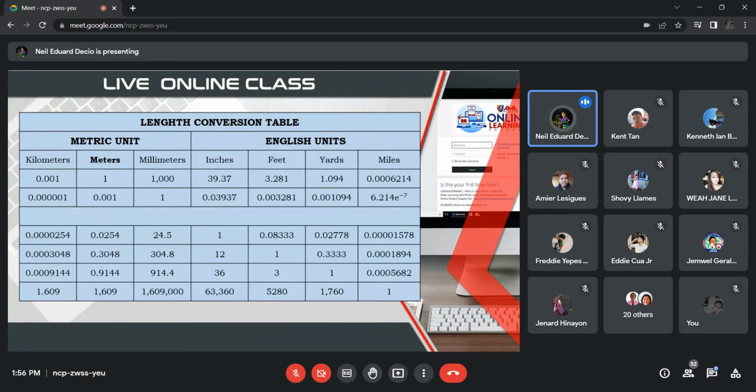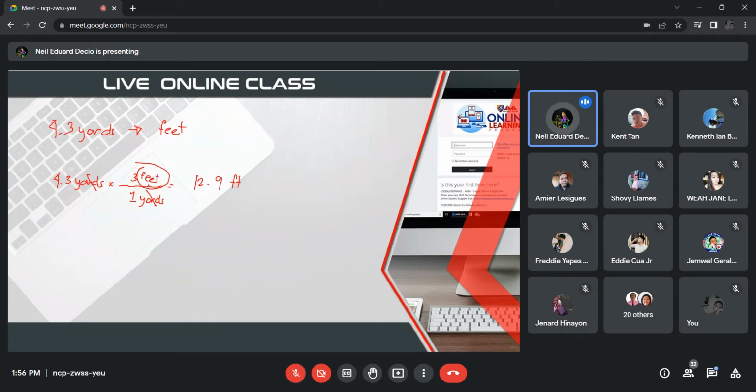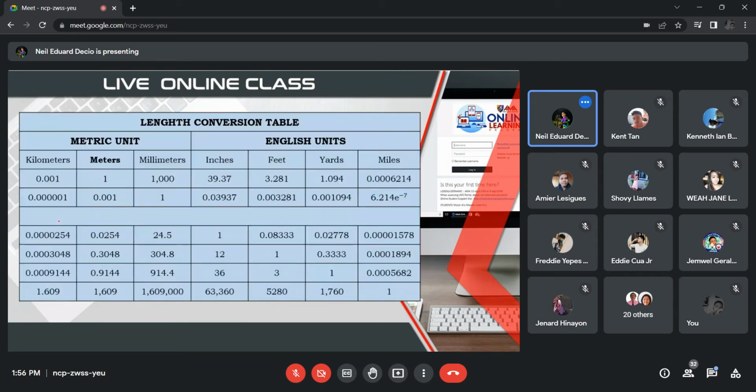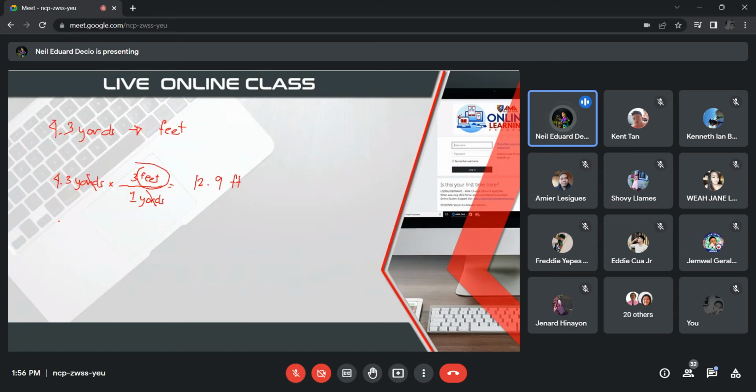Okay, like say for instance, we want to convert 50 inches to yards. We can go directly if we know the value.